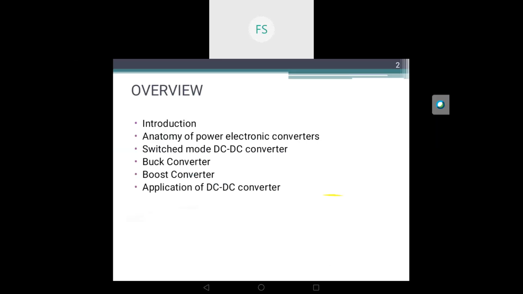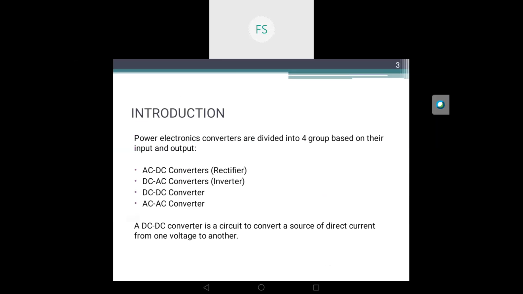So, DC to DC converter is a small topic from power electronics. As you all know, power electronics is the application of solid state electronics for the control and conversion of electric power. In power electronics, we can divide the converters into four groups. First one is AC to DC converters, which we usually call rectifiers.